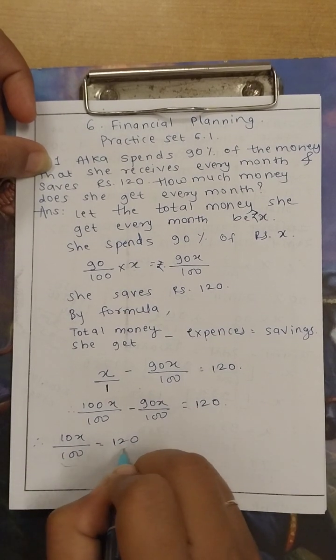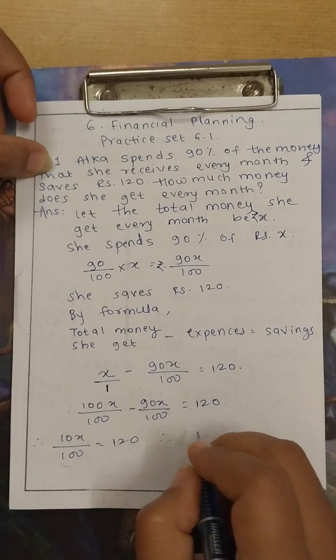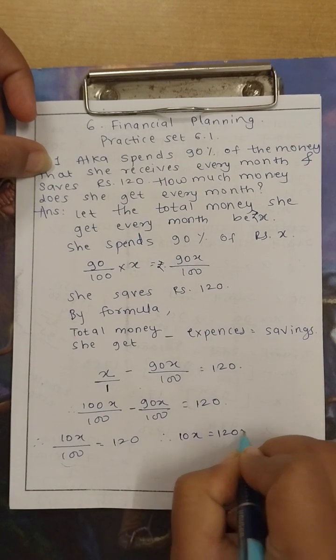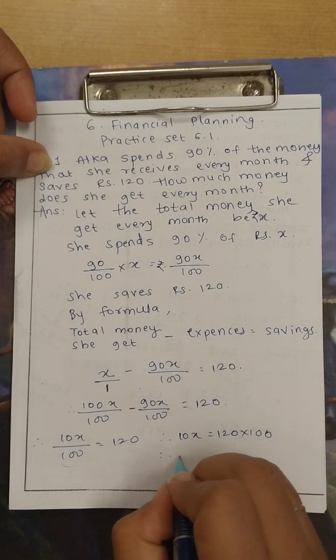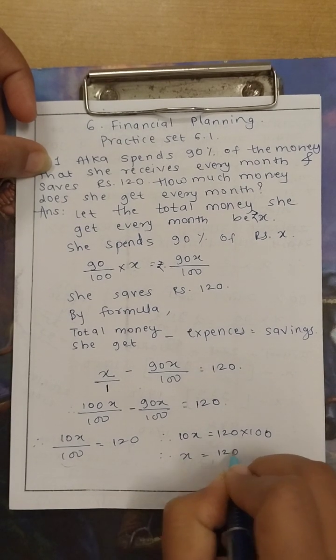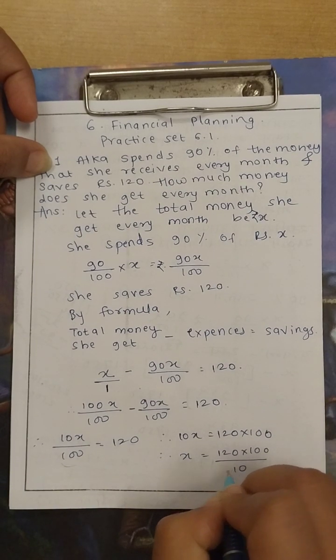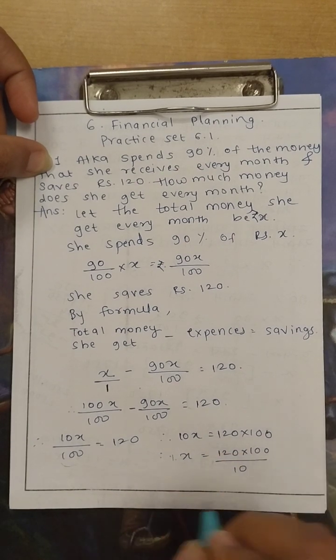100 moves to the other side of the equal sign. What was divided by 100 will become multiplication. 10x is equal to 120 into 100. Next step, x is equal to 120 into 100 upon 10. Now 10 moves to the other side of the equal sign.